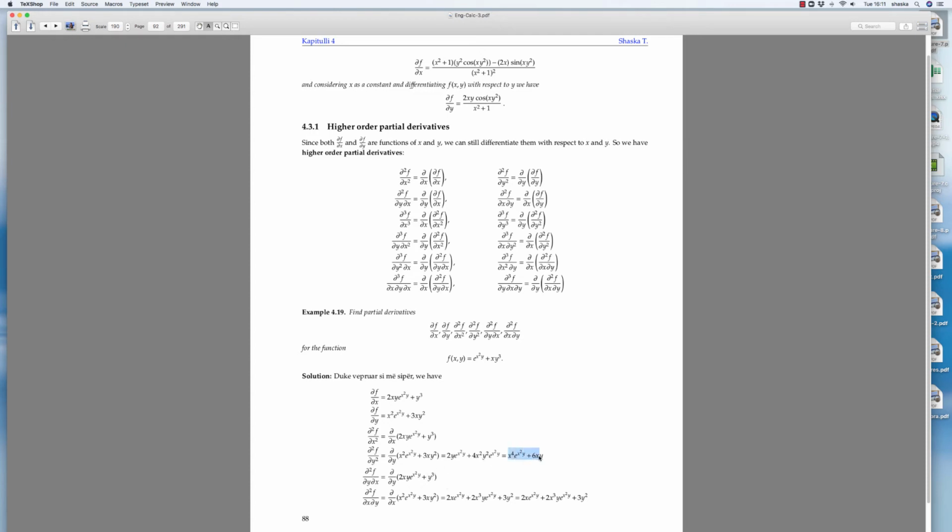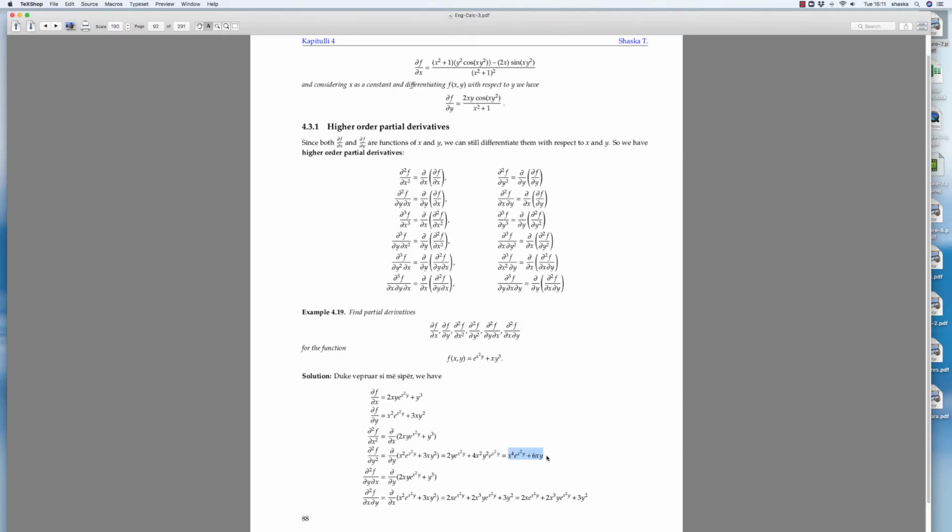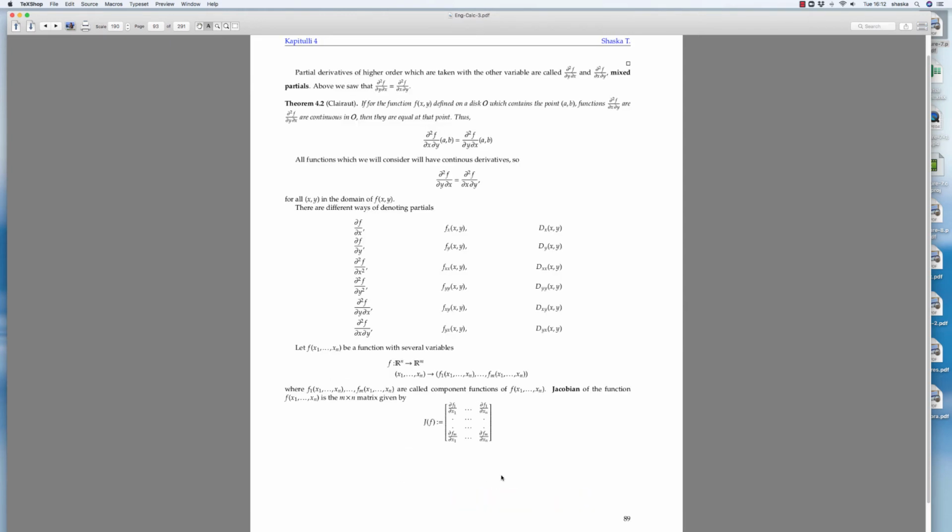Here is what you get, and in both cases it didn't matter. So most of the time you'll notice that the result is the same if you take the partials with respect to x first and then y, or in a different order, first y and then x.